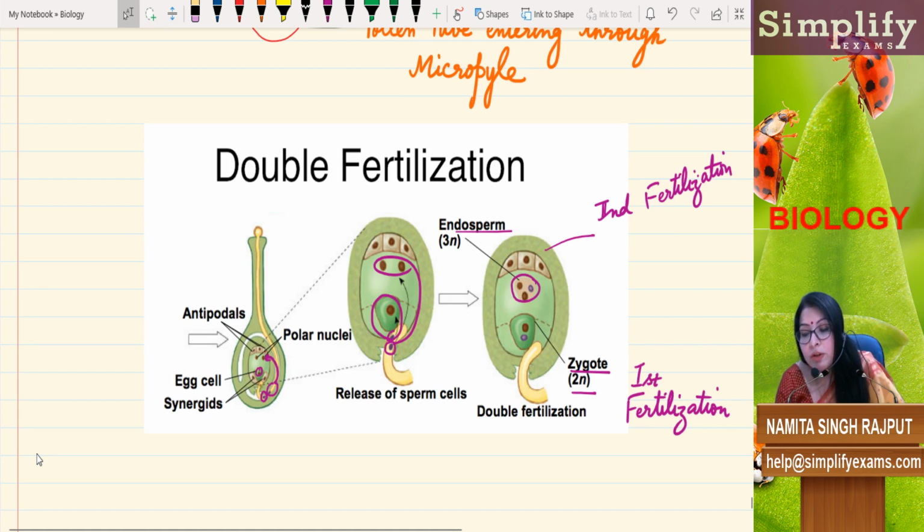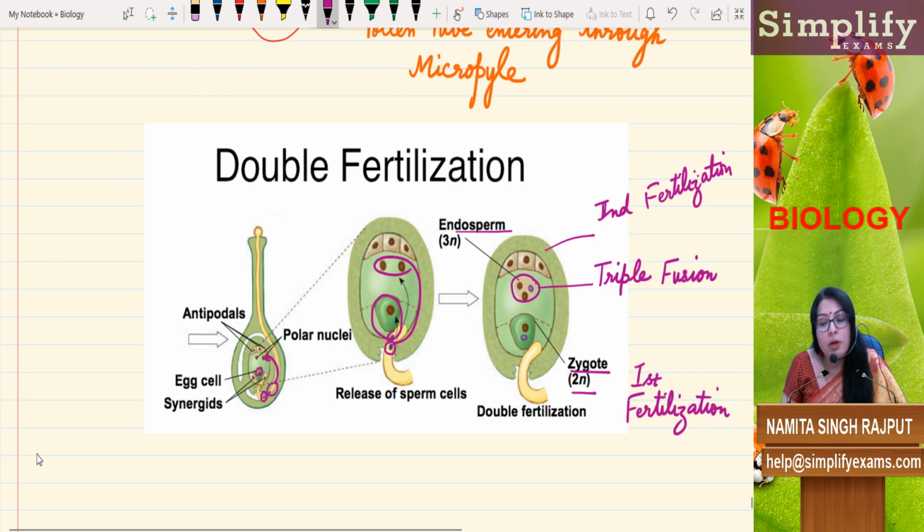The fusion of the 2 polar nuclei with the male nucleus is known as triple fusion, because 3 nuclei fuse together to form the endosperm. The ultimate aim of this endosperm is to provide nutrition to the developing embryo. The zygote develops into the embryo, and all these cells disintegrate to provide nutrition to the developing embryo.